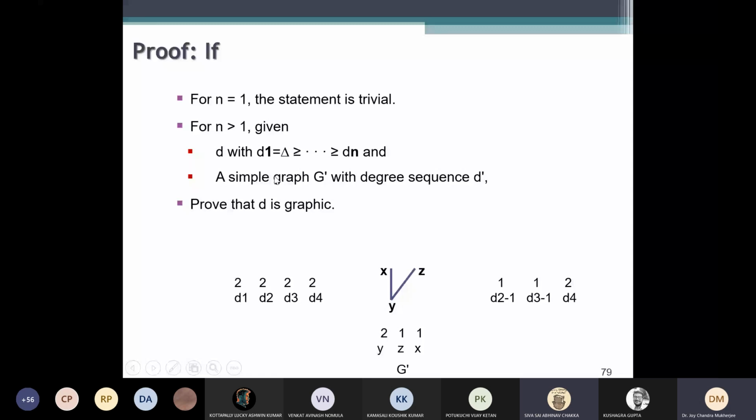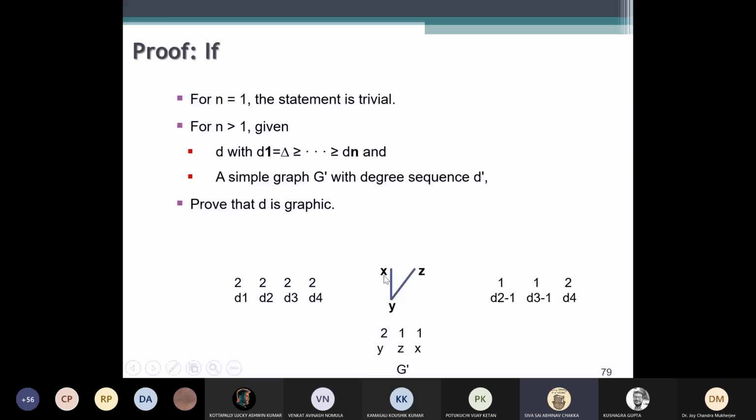So we take an example and try to understand how we will prove it. Suppose this is given to me. This is D: D1, D2, D3, D4. Along with that, we are given a simple graph G prime with degrees 2, 1, 1. Suppose Y has degree 2, Z has degree 1, X has degree 1.